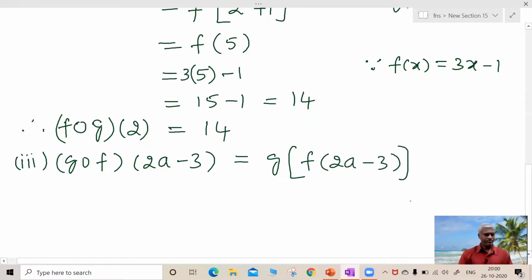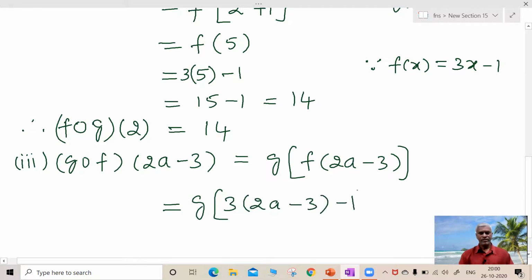So in f function, write 2a minus 3 in place of x, that is 3 into 2a minus 3 minus 1, since f of x is equal to 3x minus 1.